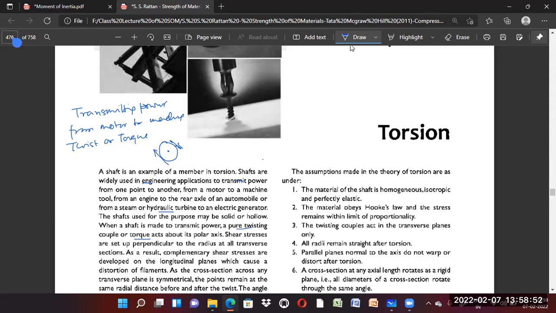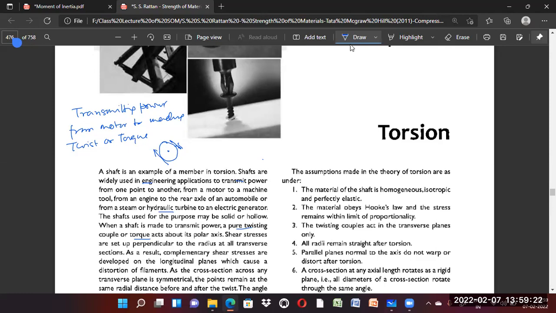They are not even skew, but parallel, and at equal distance from the center of our circular shaft. So this creates a twisting couple or torque about the polar axis, created by two forces of the same magnitude, parallel to each other, separated by a distance.